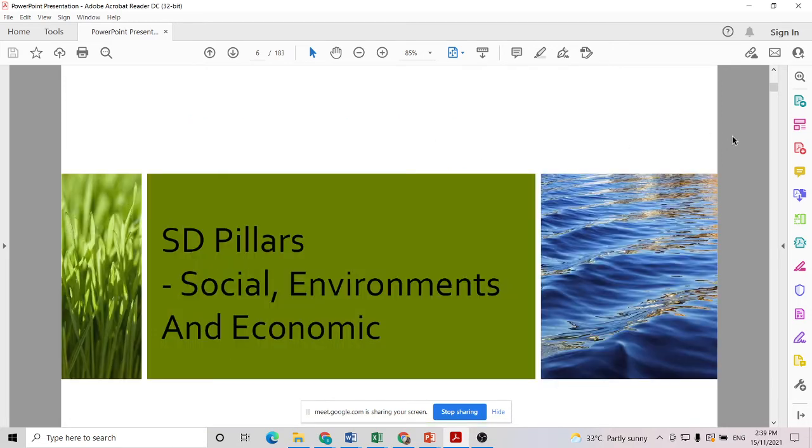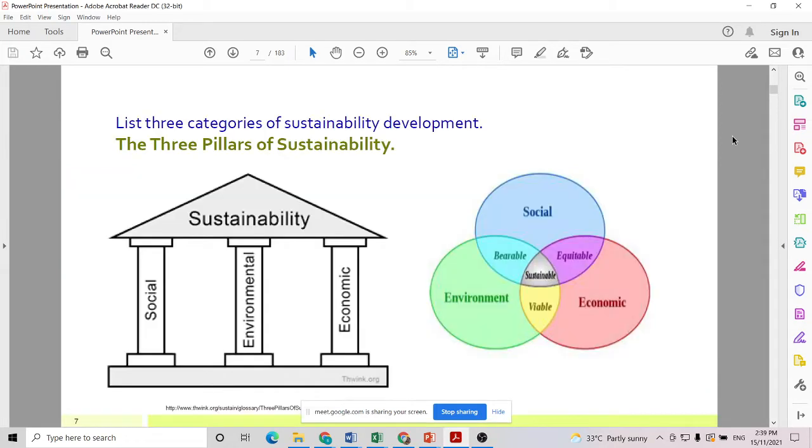These are the sustainable development pillars. In order to sustain sustainability, the pillars are the most important things to be considered.